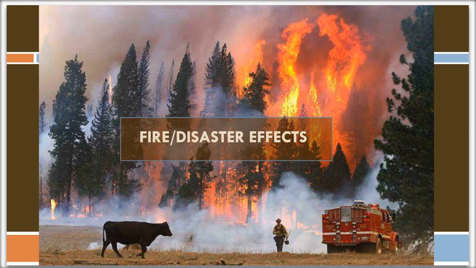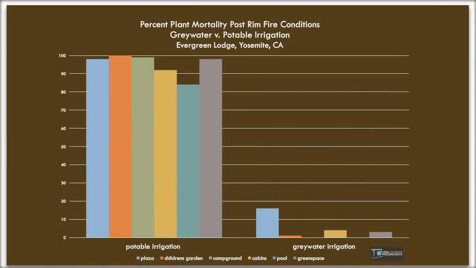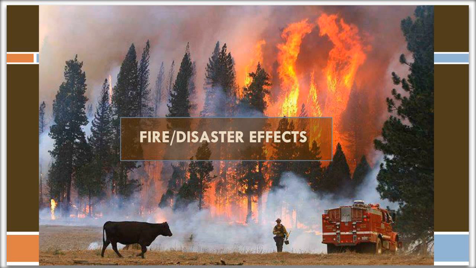And last, sometimes there are disaster effects and there are fires. Evergreen Lodge was in the middle of the Rim Fire. It actually came onto its property and burnt all the way onto the property. And I should note, let me back up there. The Rim Fire came in during the drought, a stressful drought year, a very hot summer, and it started in August.